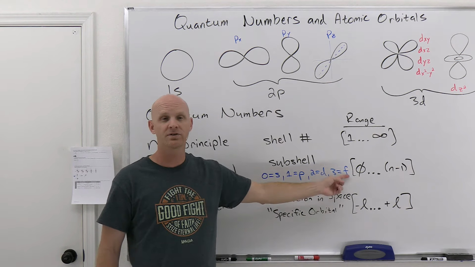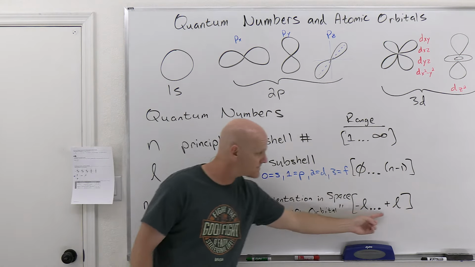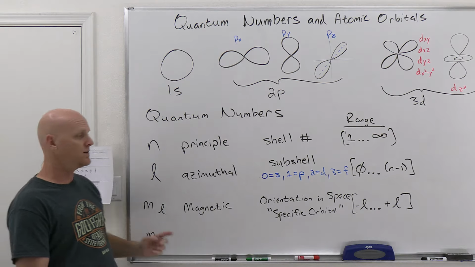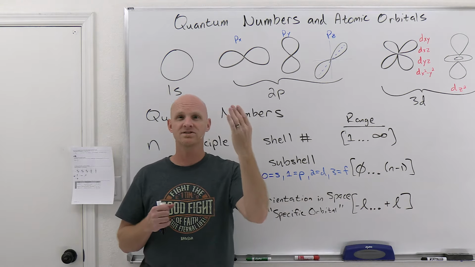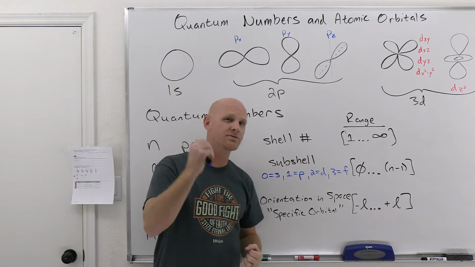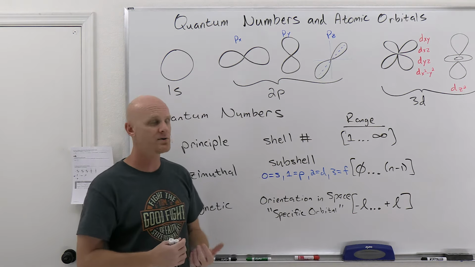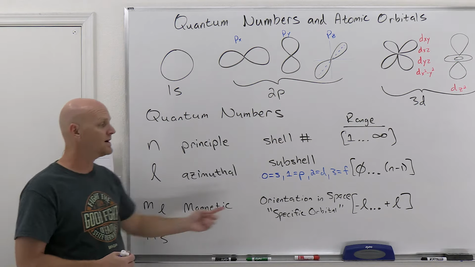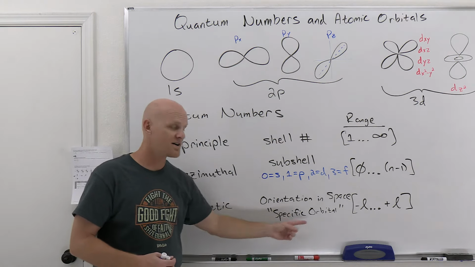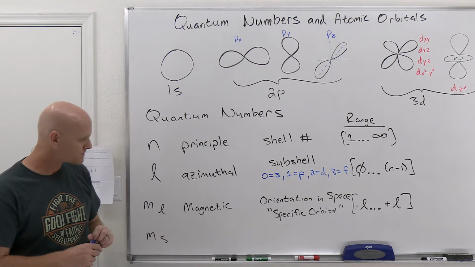There are 7 F orbitals, and that's going to allow us to get 7 different values now for M sub L. So from negative 3 to positive 3, so that means negative 3, negative 2, negative 1, 0, positive 1, positive 2, positive 3. 7 different values because each of those F orbitals is going to get a specific value of M sub L because it's identifying or specifying an individual orbital.